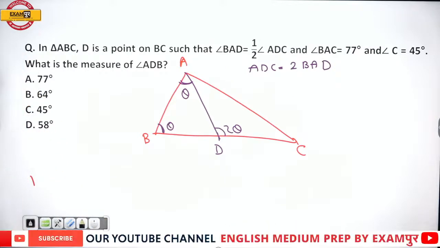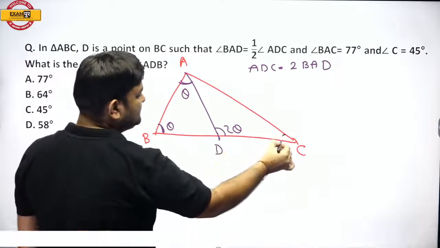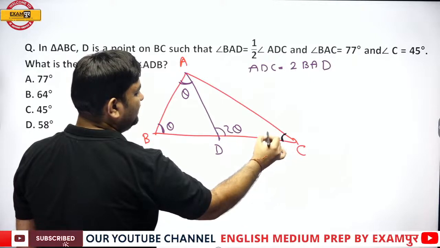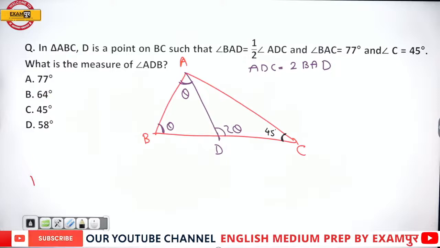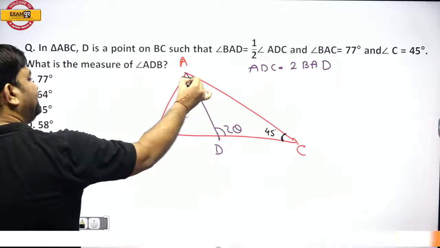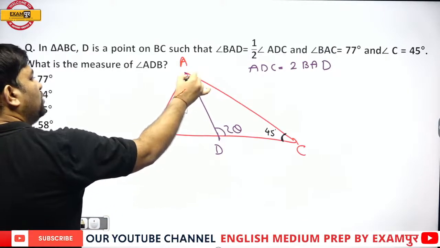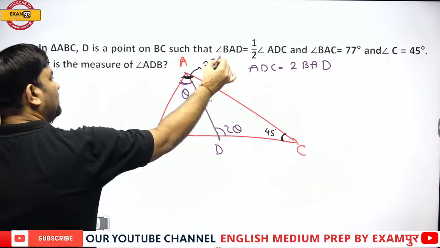Now, angle B known, angle C known. Angle C is known as 45, and angle B is known as 77.